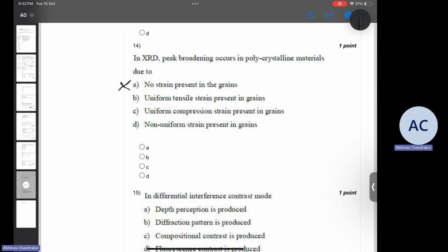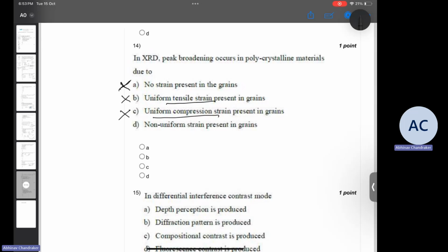If we have uniform tensile strain, then there will be a uniform increase in the lattice parameter, and that will lead to shifting of peaks, but it will not lead to broadening. This is also not the correct answer. Uniform compressive strain will also lead to shifting in the other direction, since we are compressing the atoms together and the lattice parameter is decreasing, but it will not cause broadening.